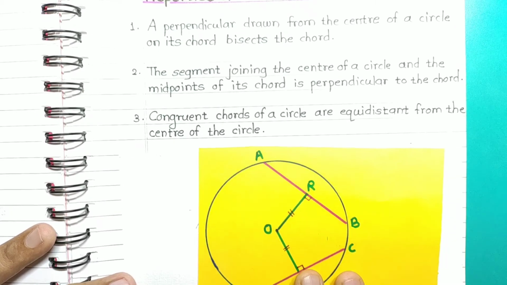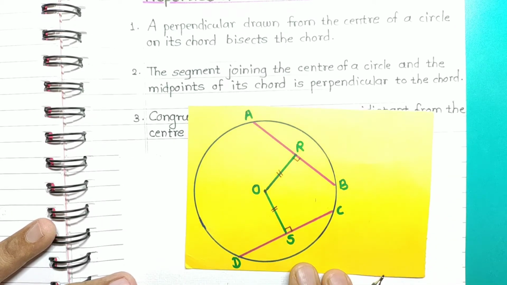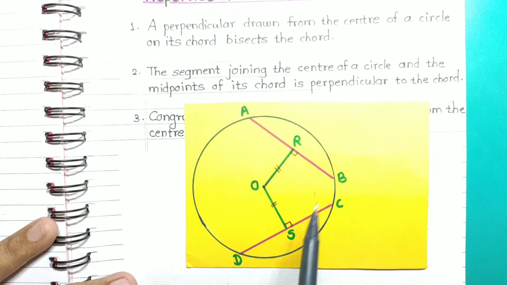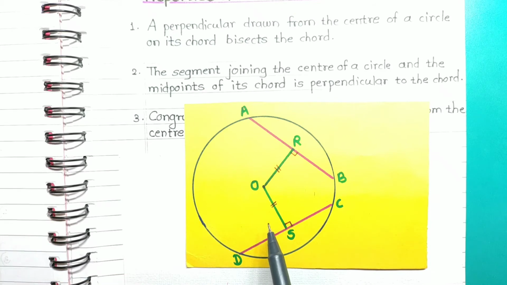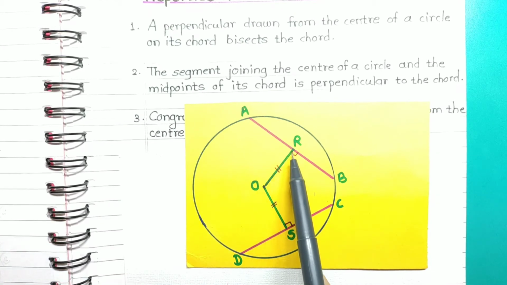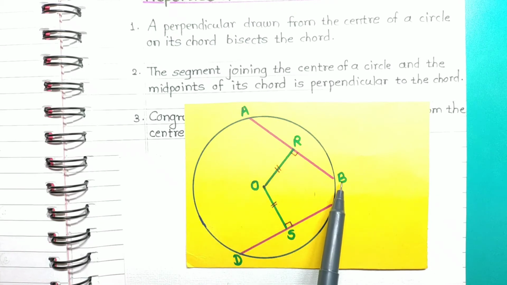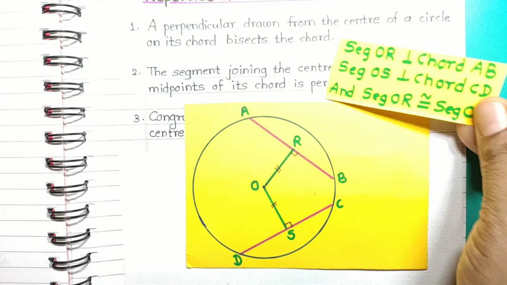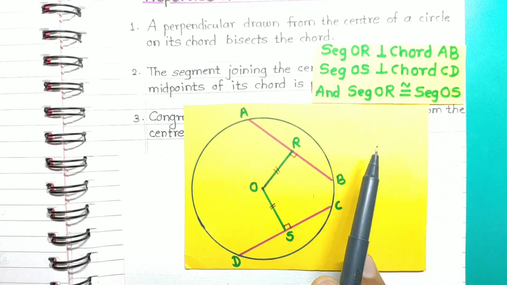Then consider the next figure. See, it contains a circle with center O and chord AB and chord CD. Here we find that segment OR is perpendicular to segment AB and segment OS is perpendicular to segment CD, and these two congruent signs denote that segment OR is congruent to segment OS. So these are the given things. Okay.